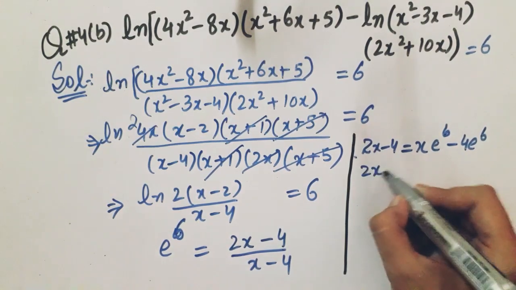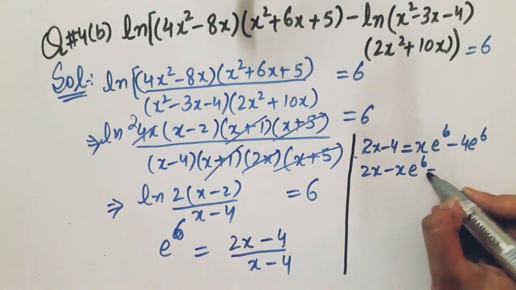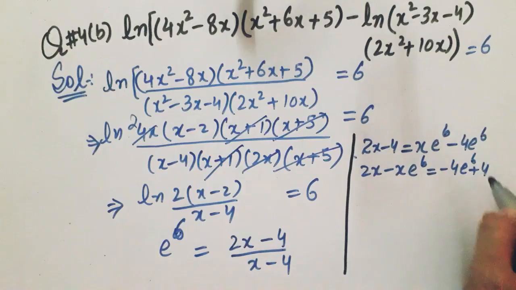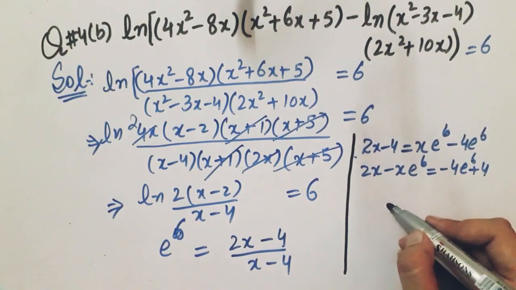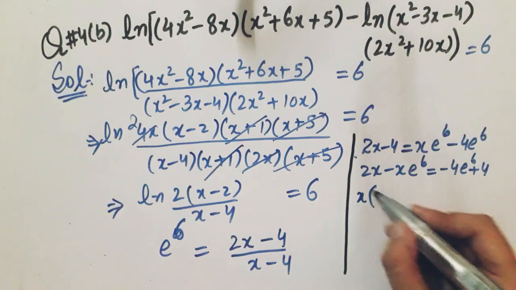So 2x − x·e⁶ equals −4e⁶ + 4. Now take x as common from this.